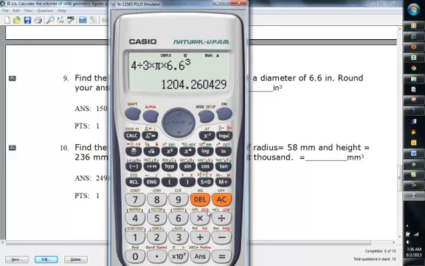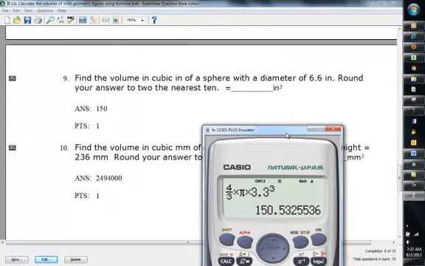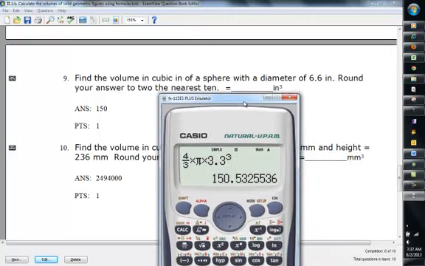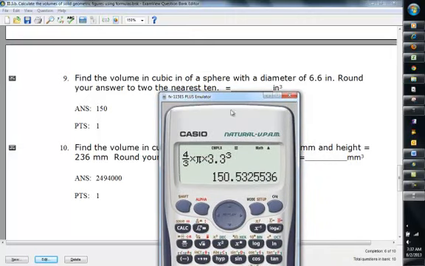So we have to take the 6.6 divided by 2. So it's 4/3 times pi times 3.3 to the third, because its diameter is twice the radius. And we get 150.5, to the nearest 10 would be 150.